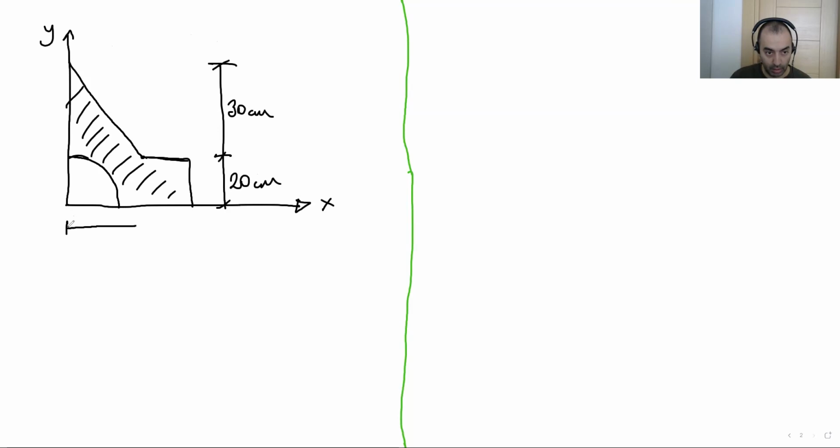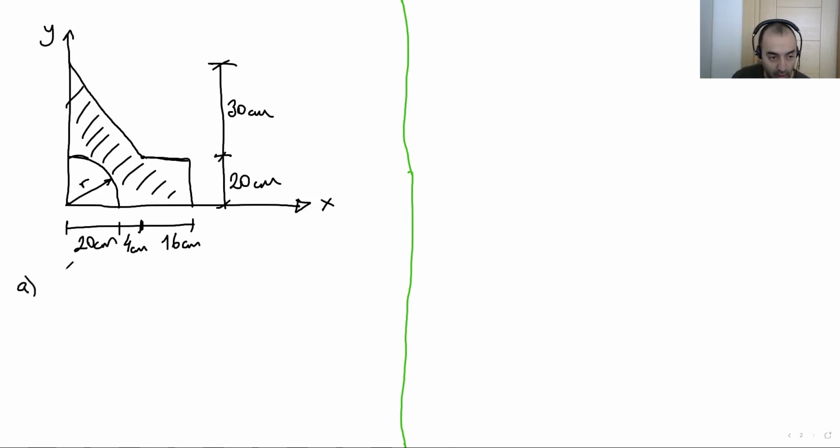Here we have a radius, this is a circle piece, and here we have 4 centimeters, and here 16 centimeter.